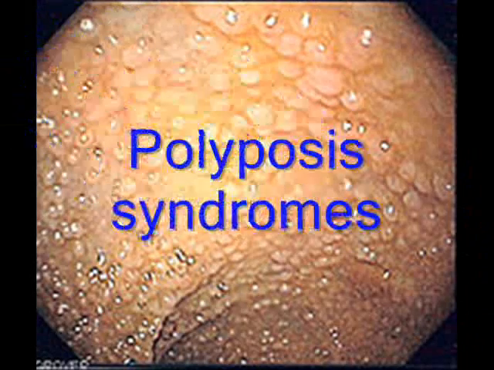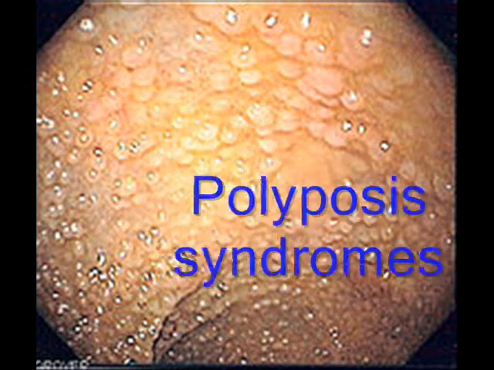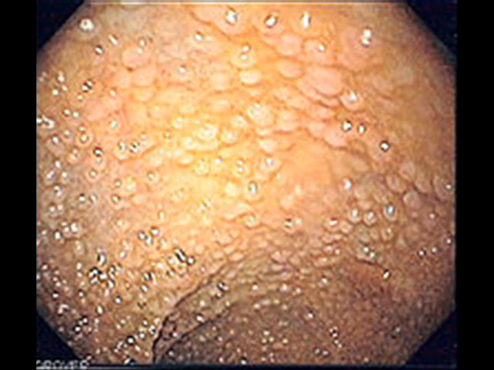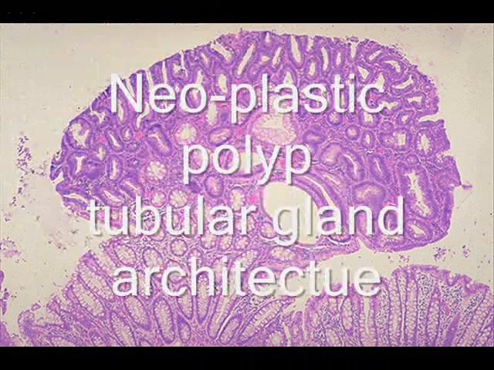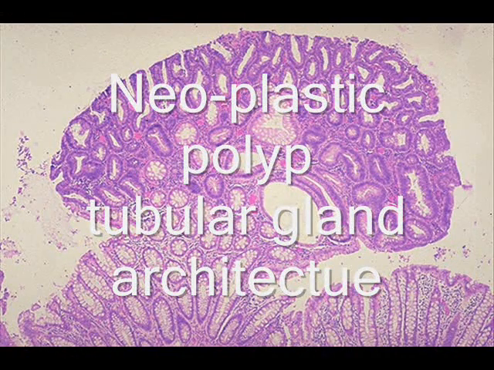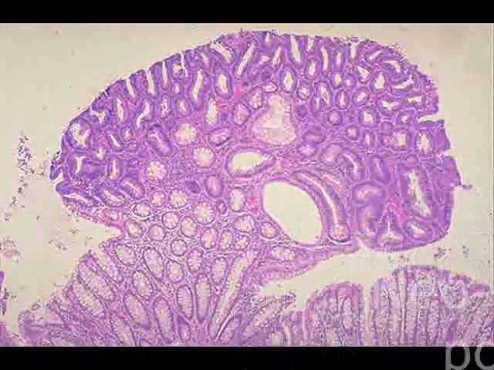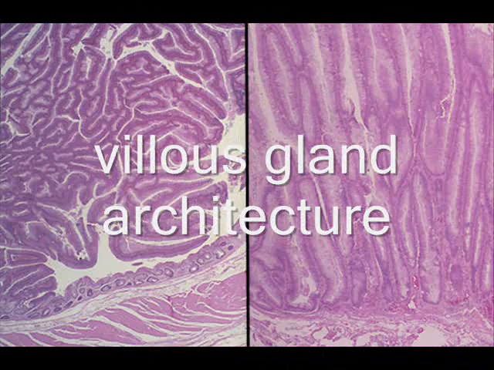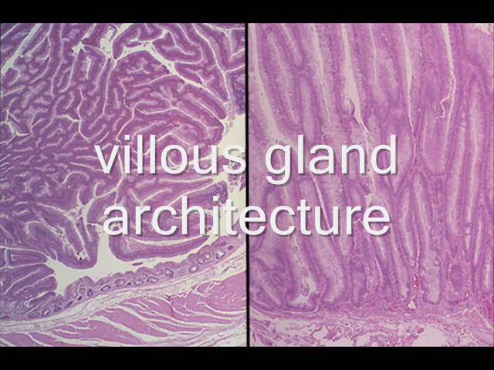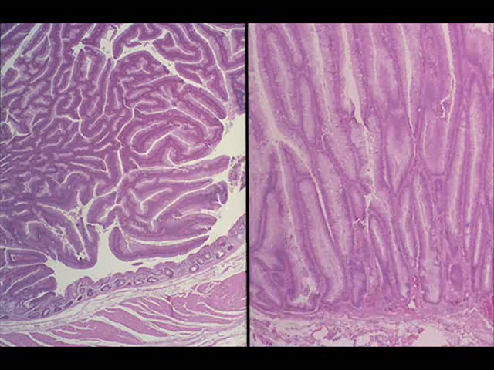Now let's move to the very important polyposis syndromes, which may be neoplastic, with two types: the tubular gland architecture and the villous gland architecture.